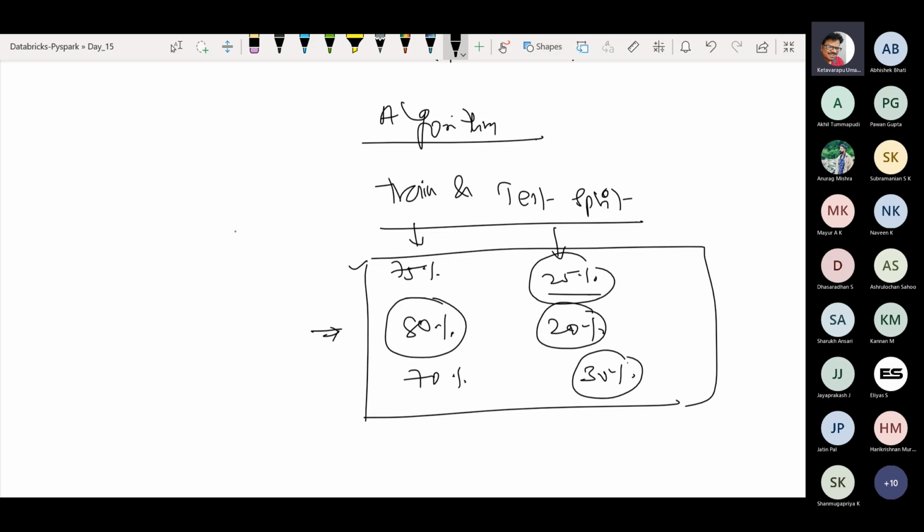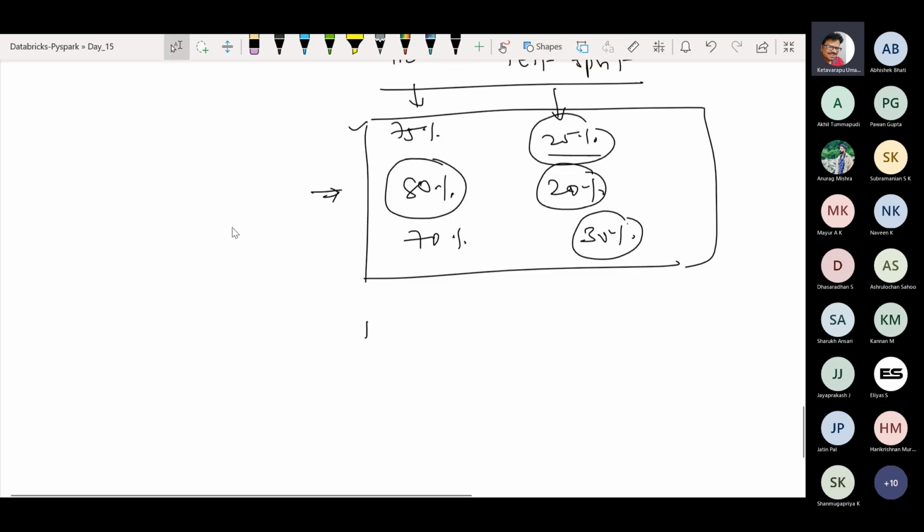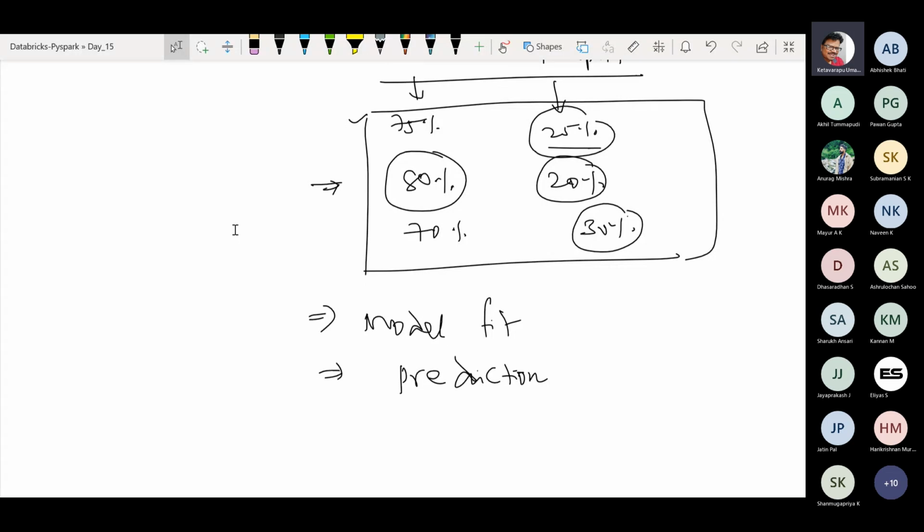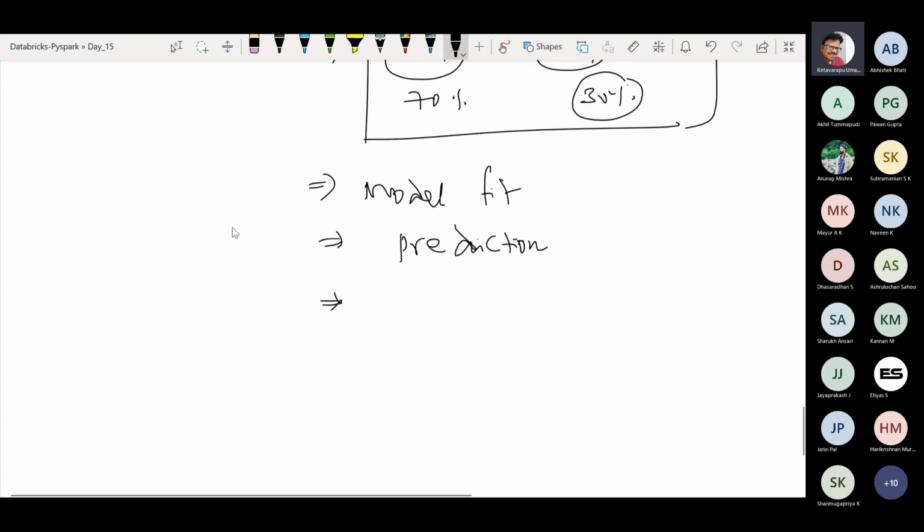Once this train test split is over, the next important aspect is model fit as well as the prediction. Prediction of the model. And thereafter, guys, up to this act, these are all the ML engineer or developer activities, the major functionalities, friends.